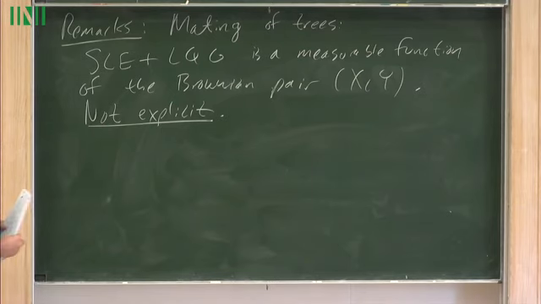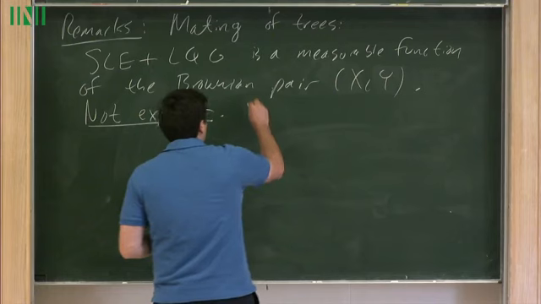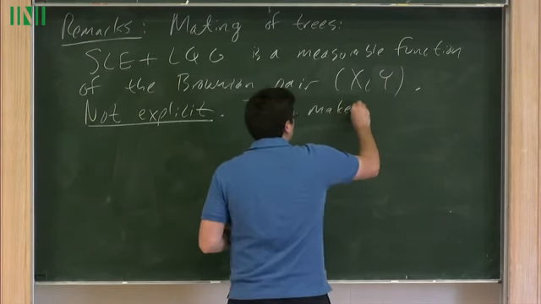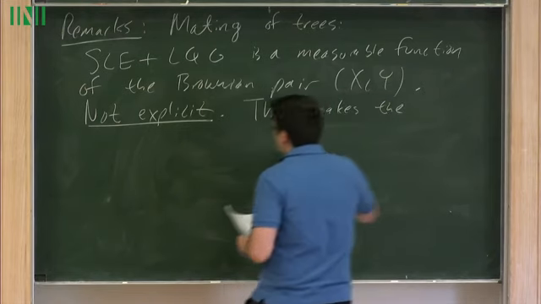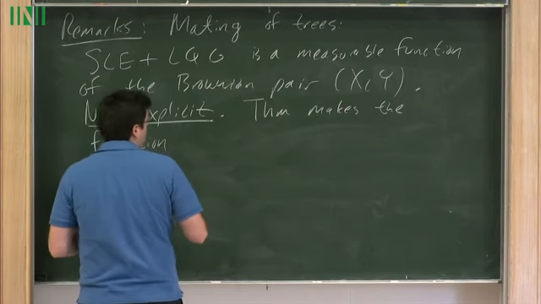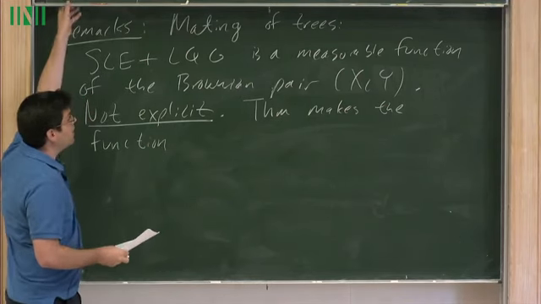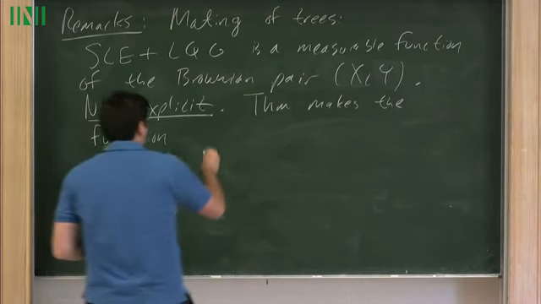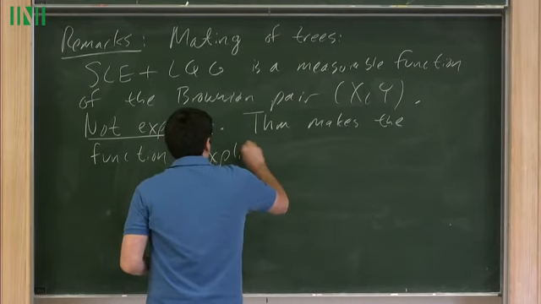But when you use this theorem, this Tutte embedding, this theorem actually makes the function explicit, because it is just what you get when you take your Brownian motion pair, construct the mated CRT map, and then Tutte embed that. Okay?